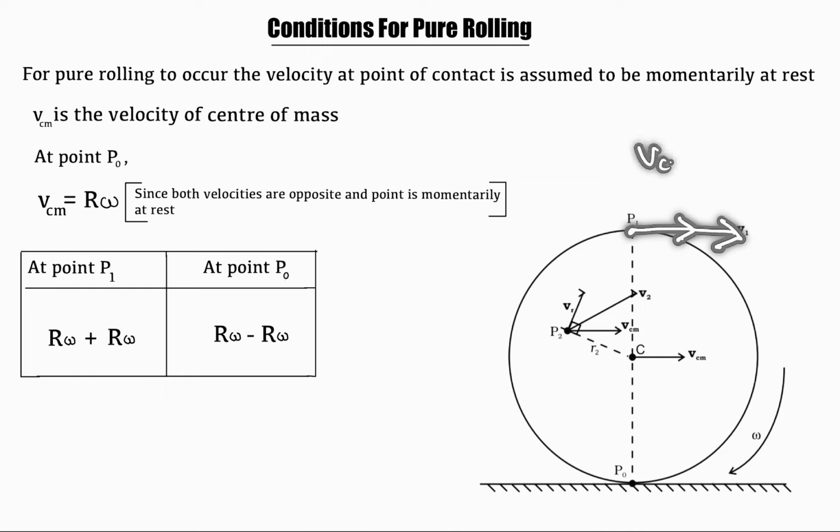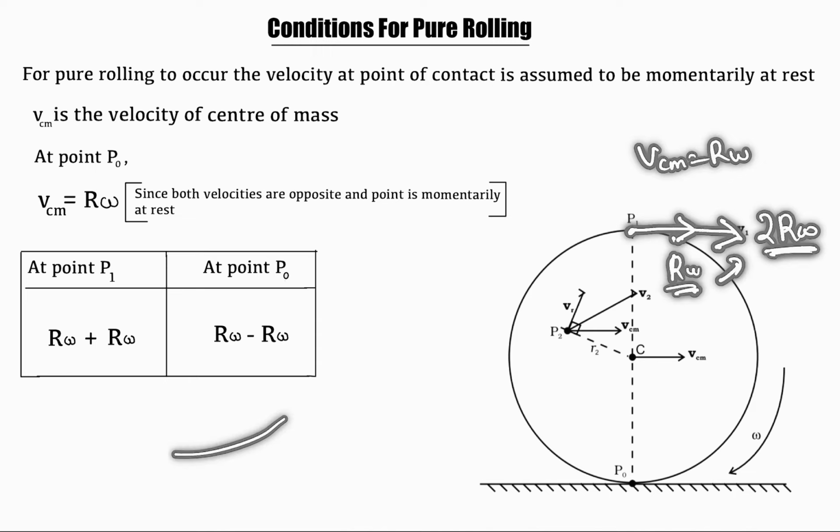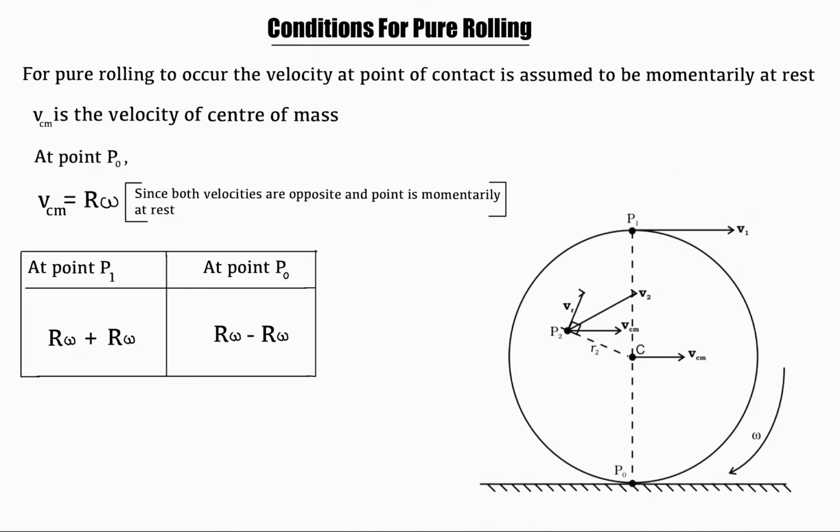We said earlier vcm is equal to r omega, and there is a rotational component r omega. So both will add together. At this point the total velocity will be equal to 2r omega, as shown here: r omega plus r omega. Okay, so we have discussed the conditions for pure rolling.